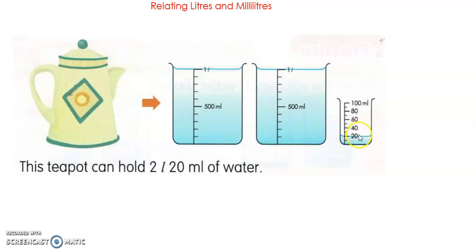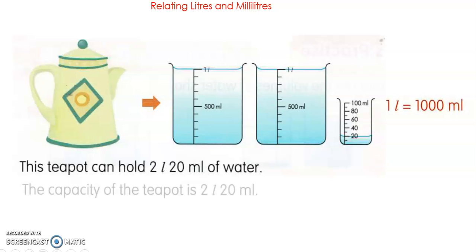The water inside this container indicates 20 milliliters, as you see here. So 1 liter here, one full container with 1 liter here, 2 liters. So here 2 liters and 20 milliliters for the last one. So the teapot can hold 2 liters, 20 milliliters of water. So the capacity of the teapot is 2 liters and 20 milliliters.